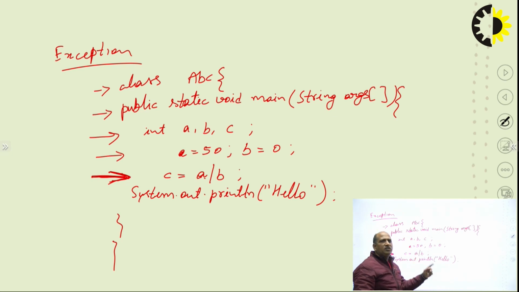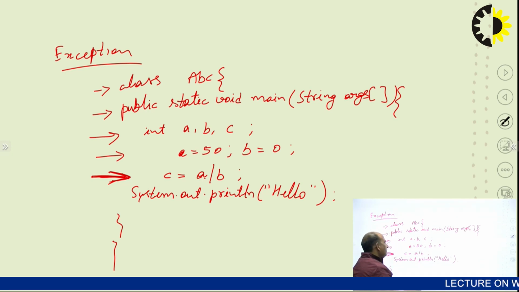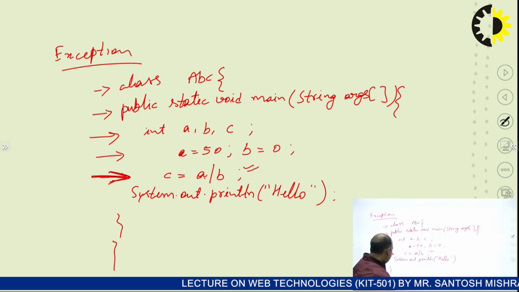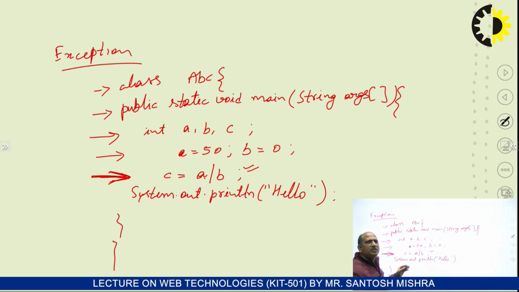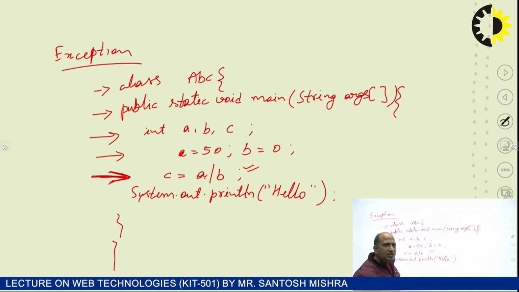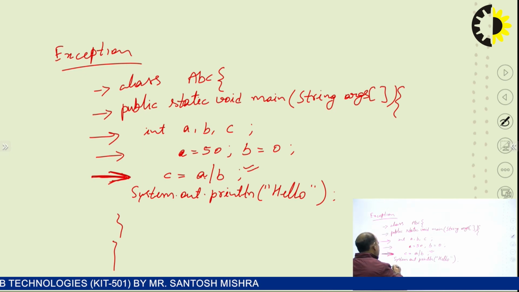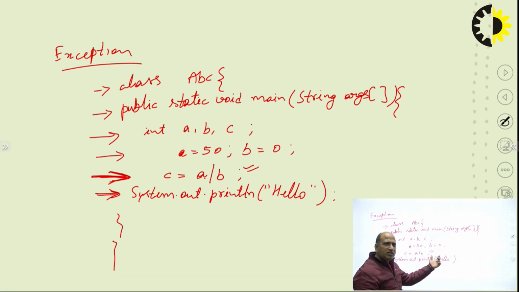Since divide by 0 error has been defined in the ArithmeticException class, an object of ArithmeticException class will be created over here and thrown outside this block. Since I have not handled it, even though this line system.out.println hello has no problem, it will not execute.